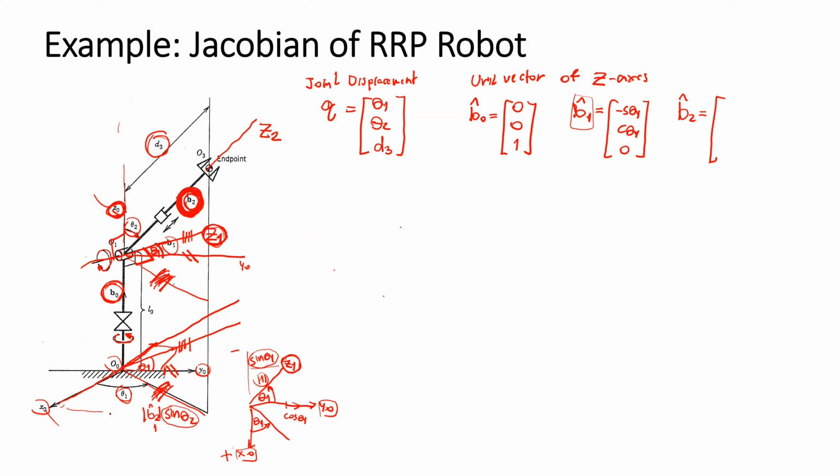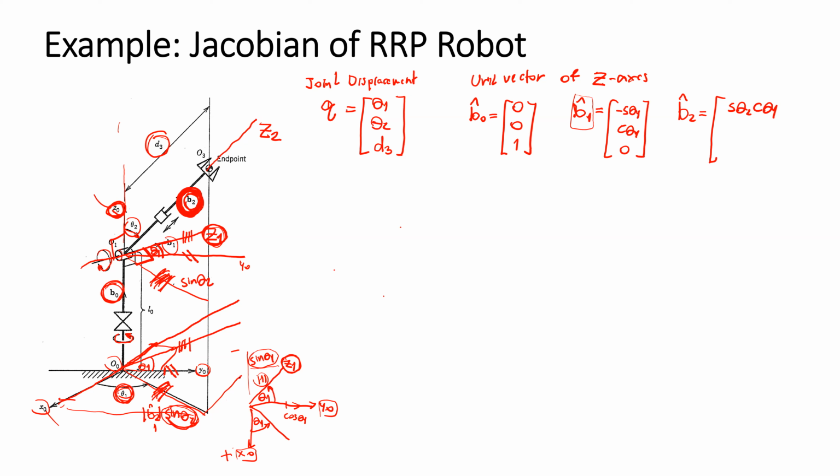If we project to the x and to the y with theta 1, what we have in the x-axis here will be sine theta 2 times cosine theta 1. Sine theta 2 first, and projection to x with cosine theta 1.